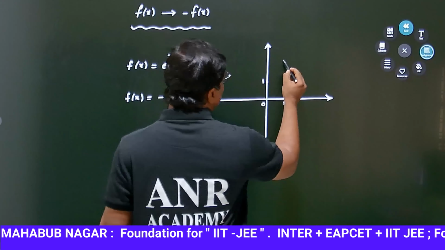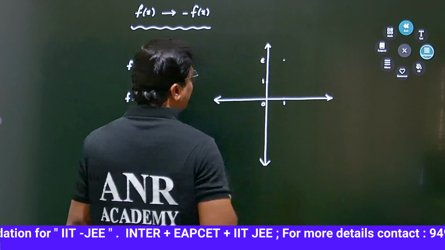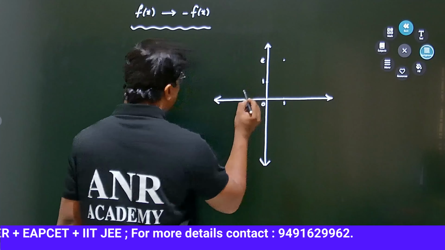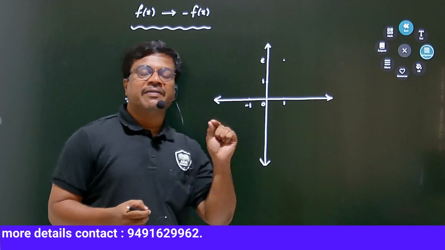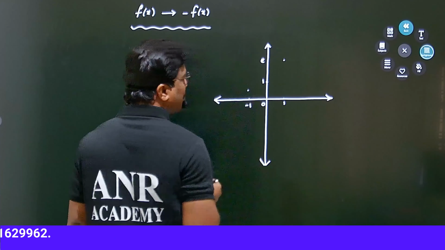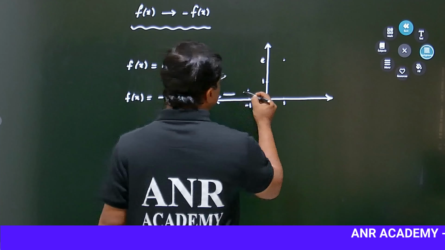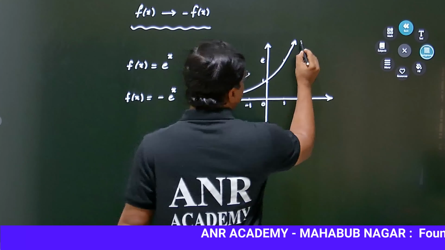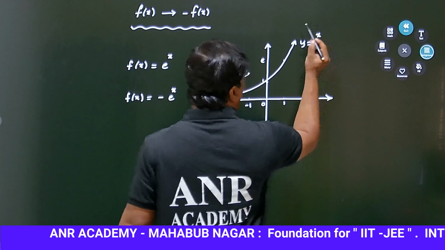So here I am going to select the value of e. Next, if I give input minus 1, that is e power minus 1, 1 by e, the value is less than 1. Somewhere here I am going to put it. Now, joining all these points, we get the graph of e power x, which is strictly increasing, right? This is the graph of e power x.